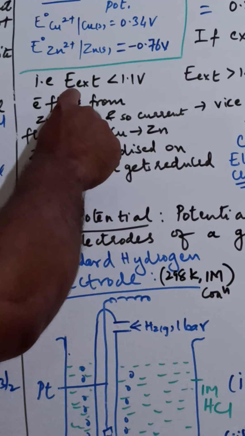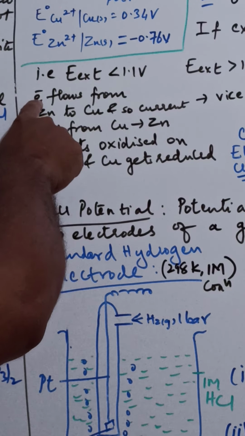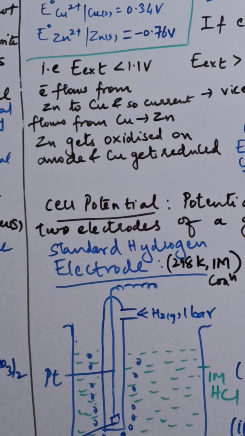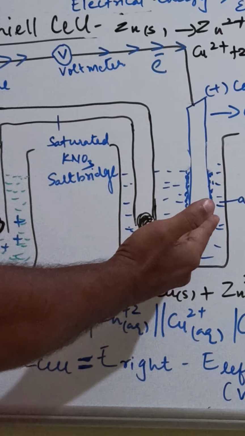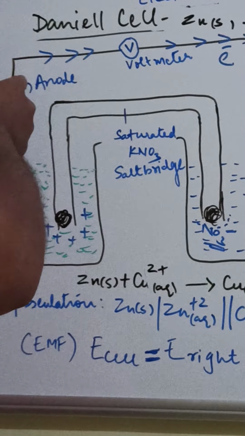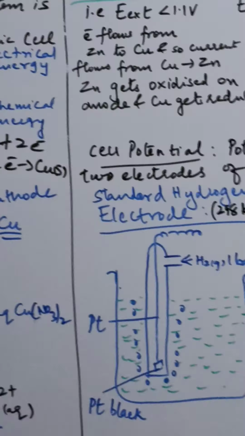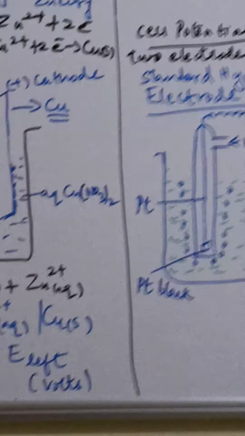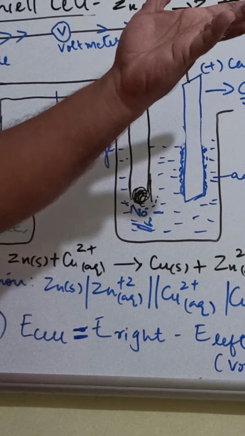If the external cell potential is less than 1.1 volt, electron flows from zinc to copper. That is the ordinary condition. So current will flow from copper to zinc. In that scenario, zinc will get oxidized, copper will get reduced. That means zinc will dissolve and copper will get deposited.